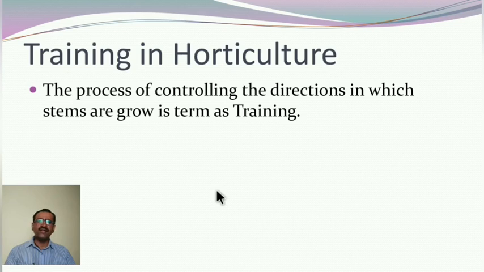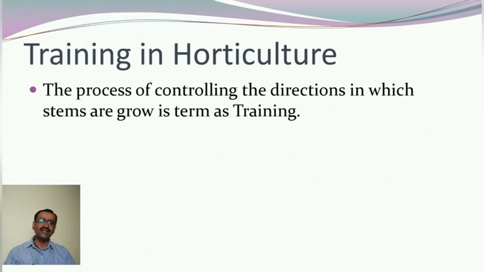Here, man has discovered that he cannot materially alter the growth habit of the plant, but stems can be induced to grow in directions other than those in which they grow themselves.